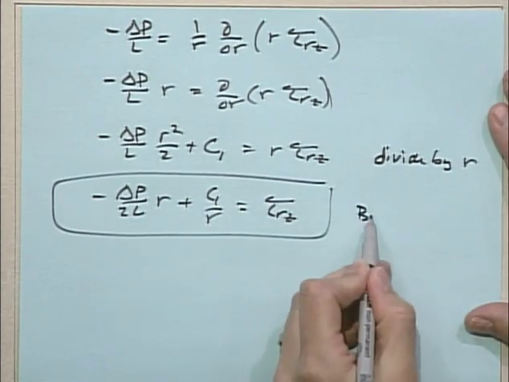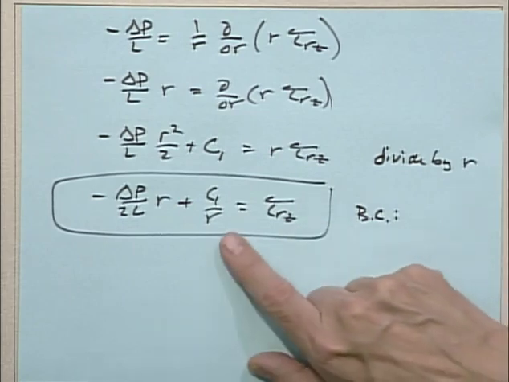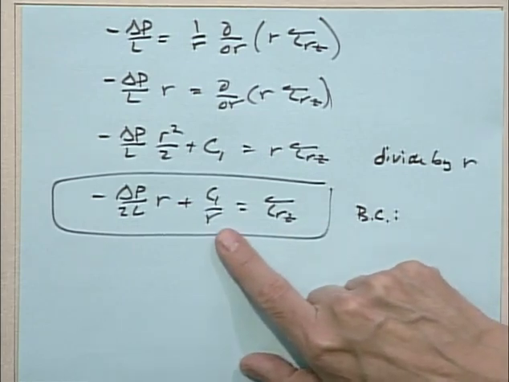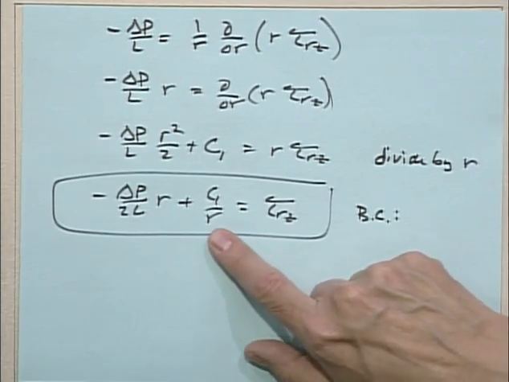For boundary conditions, can you suggest a boundary condition that might work in this case? What happens near the center of the tube? R is 0. Stress. Flow is max. Yeah. Stress, not just maximum. When r is 0, what does this term go to? Infinity. So is that reasonable?